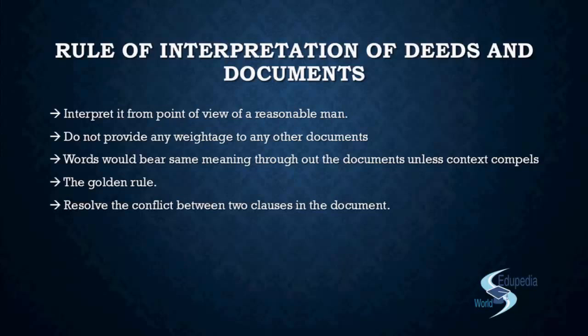But if at any point of time, for example, the two tangents are going parallel and you are not able to meet them at any point, what you do is you will see which clause has been used earlier. This is opposite: we are not going with the later in time. We are saying whichever clause was used earlier, that shall override the later clauses. This is the deed.